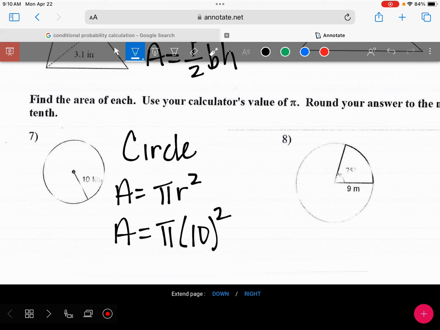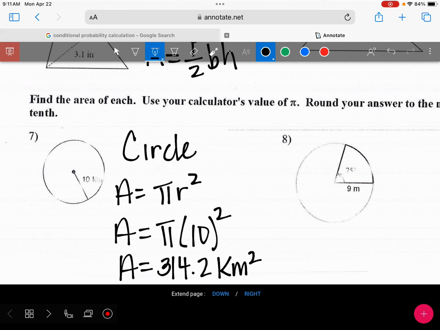And when you hit that button, you should get that area is 314.2 kilometers squared.